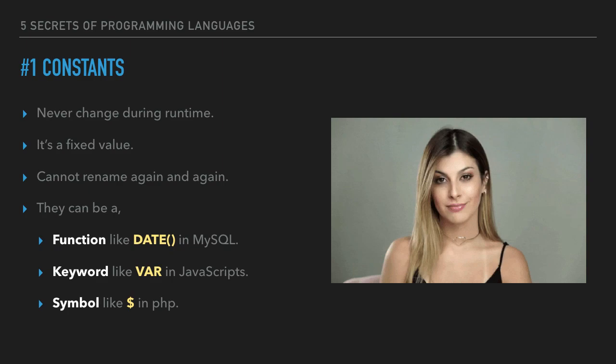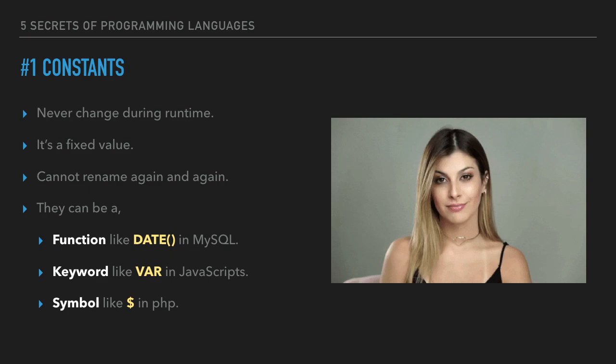It's a constant. The other one is a keyword. As I told you before, for variables in JavaScript we start the variable name with var. So this is a keyword.